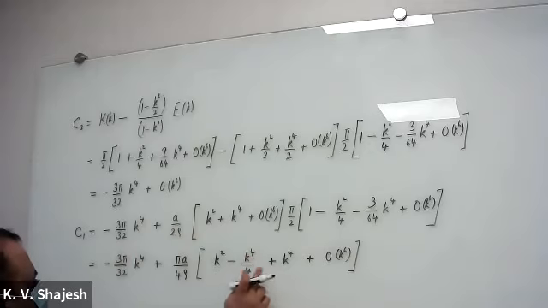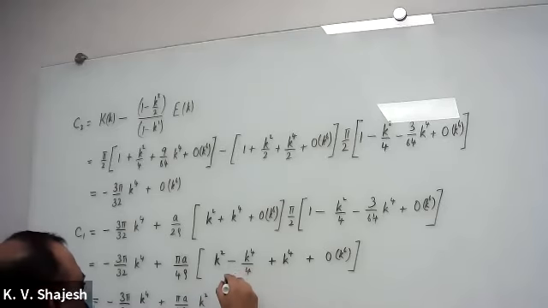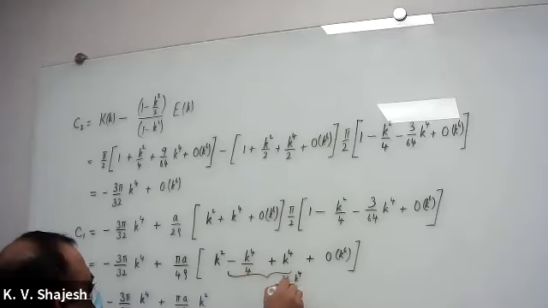And now let's put this together. So this is minus 3 pi over 32 times k raised to 4, then we have plus pi a over 4 rho times k square, and this is 3 by 4 k raised to 4.